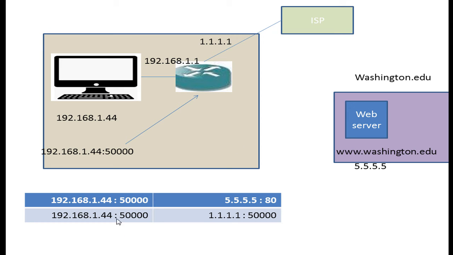Also, the port number of the socket in the client is equal to 50,000. It might translate it to another port or use the same number. So in this example, the router also uses the same port number, and it would write this data inside a table. So the router would forward this packet to, for example, the ISP.